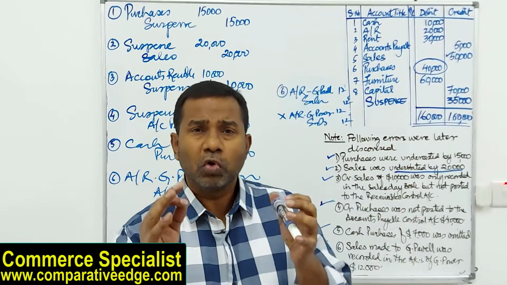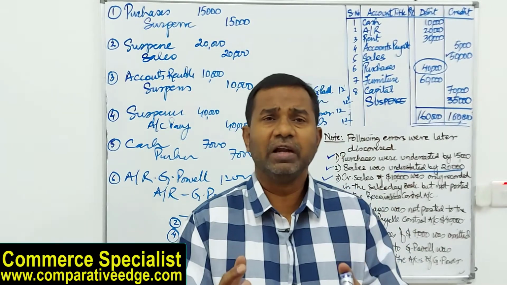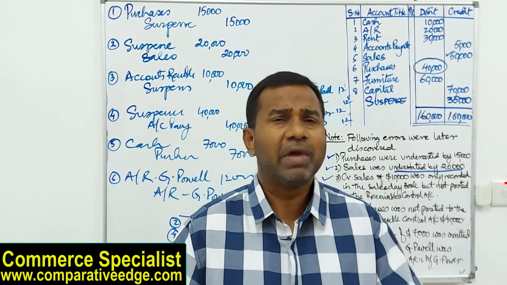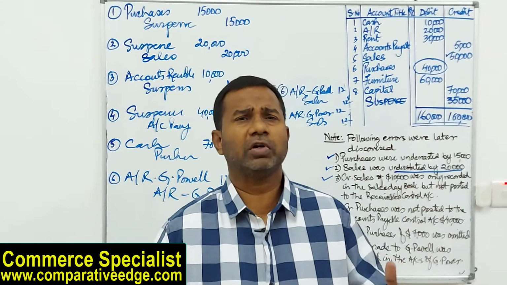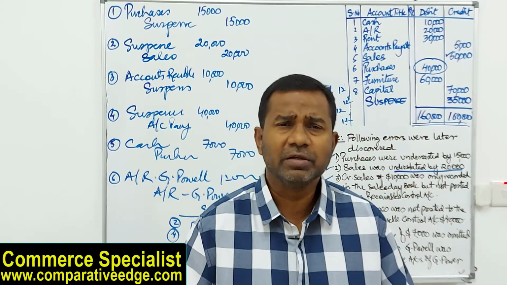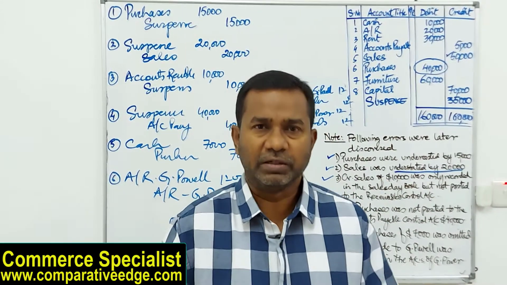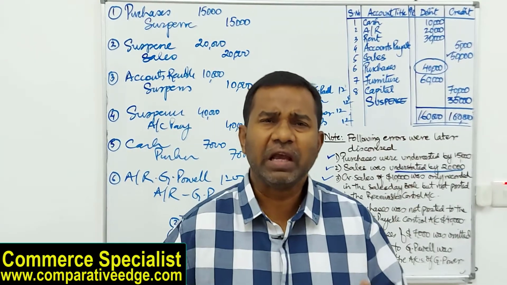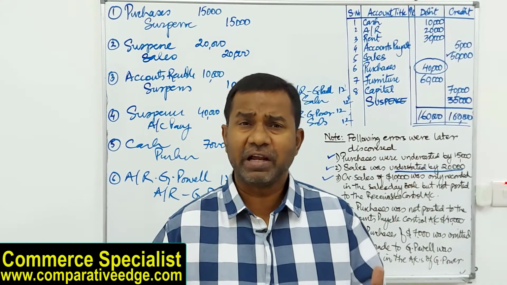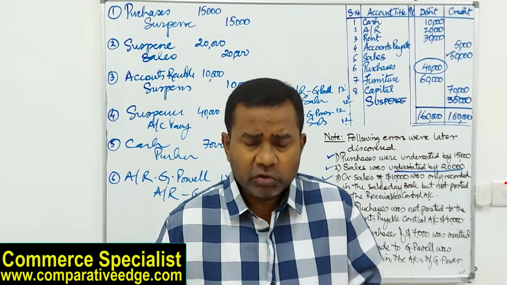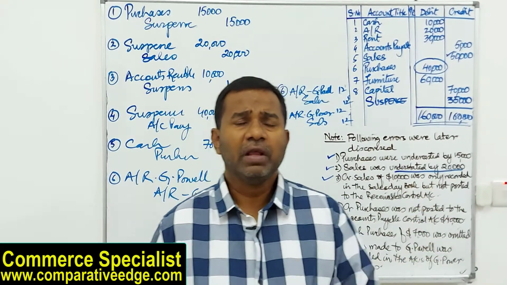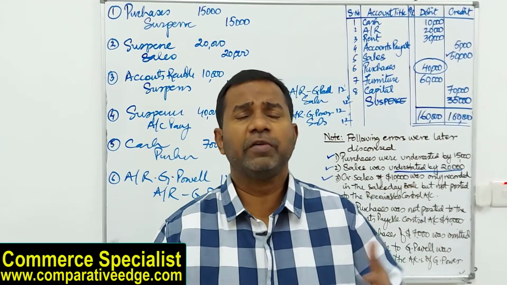Suspense account is so very important to understand because in practical accounting, many a times due to work pressure or other reasons, when you're making a trial balance, you are unable to balance. And it's very disturbing, annoying, irritating, and sometimes upsetting. You cannot balance the trial balance, and there are strict deadlines. You have to prepare financial statements.